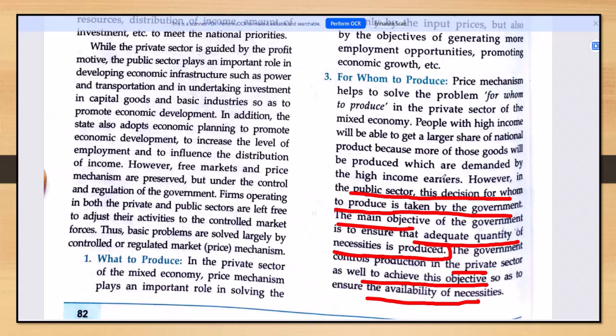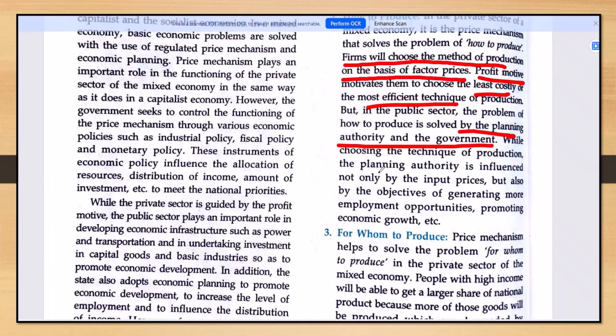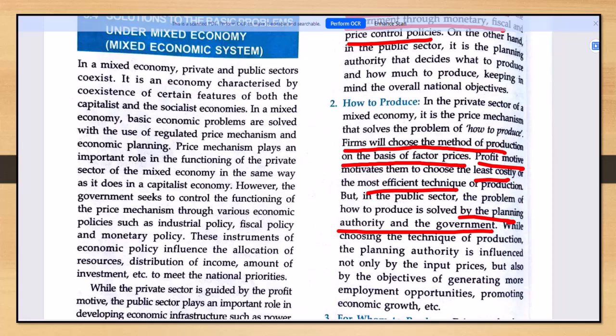But even the people in the lower income category will not be left unattended. As per the government decisions, the prices are also fixed accordingly, both the factor prices as well as the commodity prices, so that even the necessity items are affordable and are also produced by the producers. So this was the completion of chapter 5.